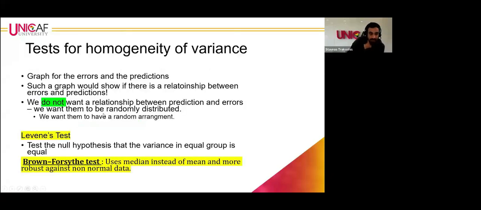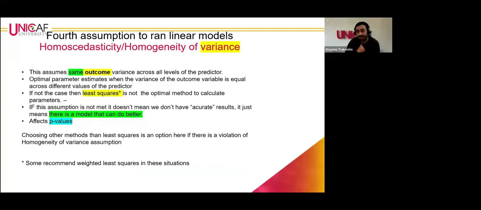What this means basically is that if I have groups inside the linear model, let's say two groups, tall and short people, or autism and control, then the variance of the outcome variable needs to be roughly the same between these groups. If I have a quantitative variable in numbers, then the variance between each observation of the independent variable needs to be roughly the same.